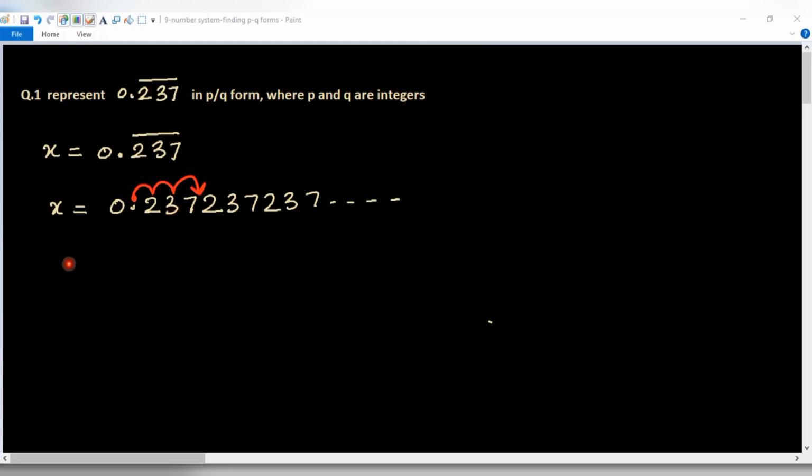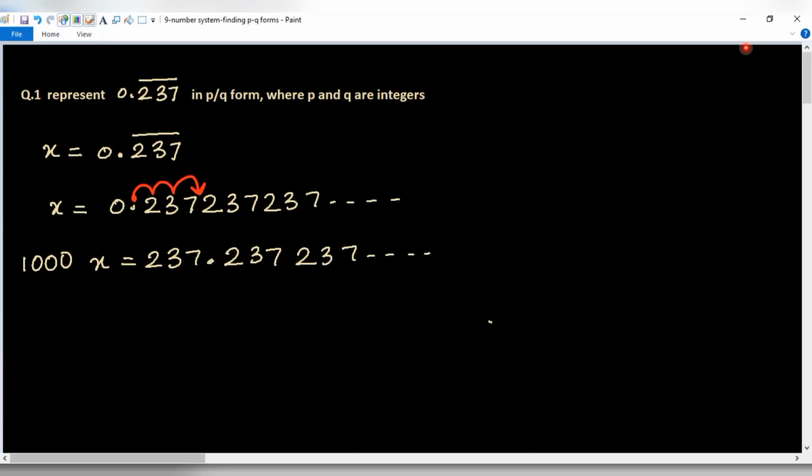Here 3 digits are repeated, so we have to use a number having 3 zeros. That is how we can remember it. So we multiply by 1000. We have multiplied x by 1000, so the decimal has moved 3 places towards the right, and it becomes 237.237, like that.